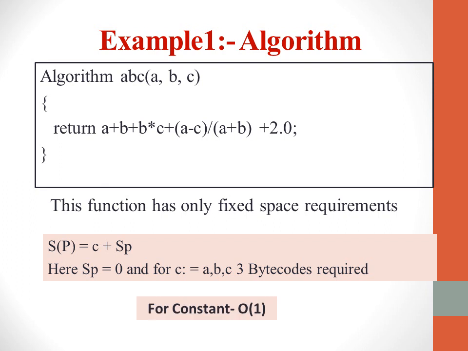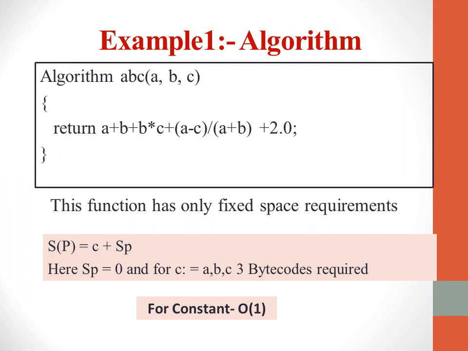So for any constant, the space complexity will be O of 1. So in general I can say that for any code, if it runs in constant time, even 10 times, 20 times, 100 times, the space complexity value will be O of 1.